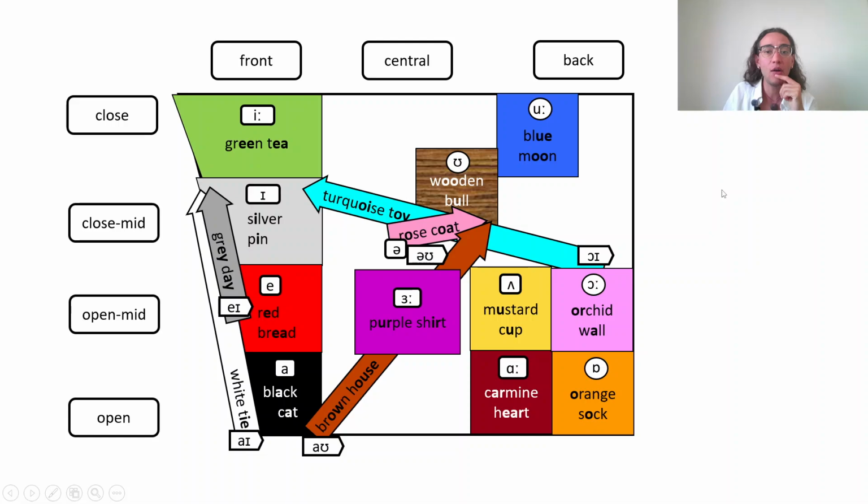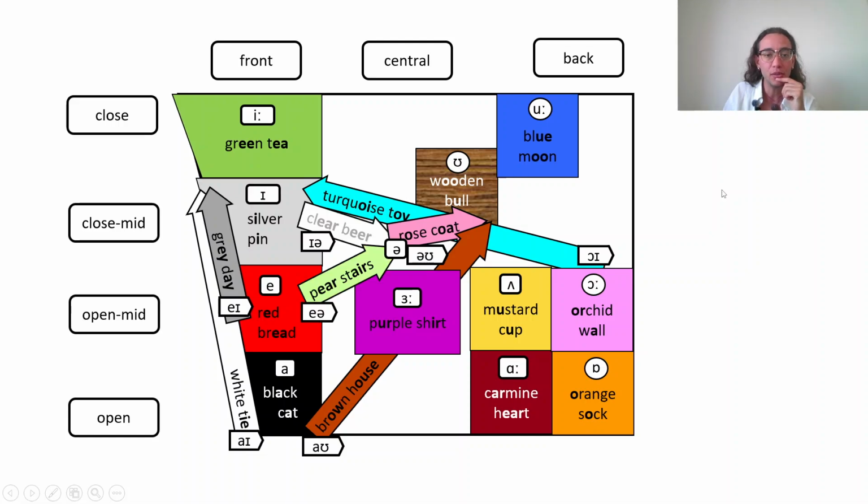All right, and then our final two are our schwa diphthongs. So beginning with I and ending in schwa. So ear, ear, clear beer. And as I say this, I'm thinking that's never how I say those words. I don't say clear beer.